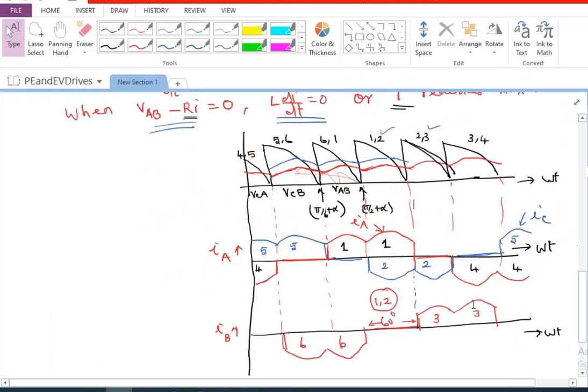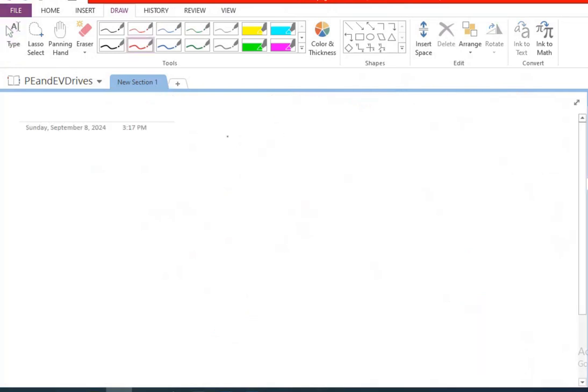Now let us try to take a look at what happens if there is a DC voltage source. What I mean is, if I am going to have the three legs of the SCR converter somewhat like this.